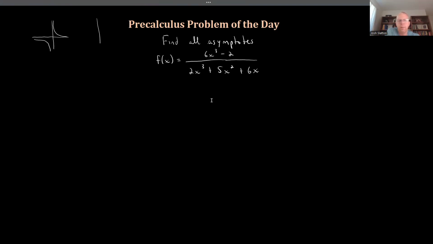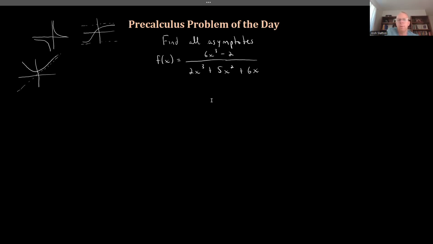You could also have horizontal asymptotes where you have something like this, where it approaches that horizontal line, but it never actually crosses it. You could also have what's called an oblique asymptote. And so this is where I have something like that. This is an asymptote that is not horizontal or vertical. So in this case, this line would get close to the asymptote, but never actually touch it.